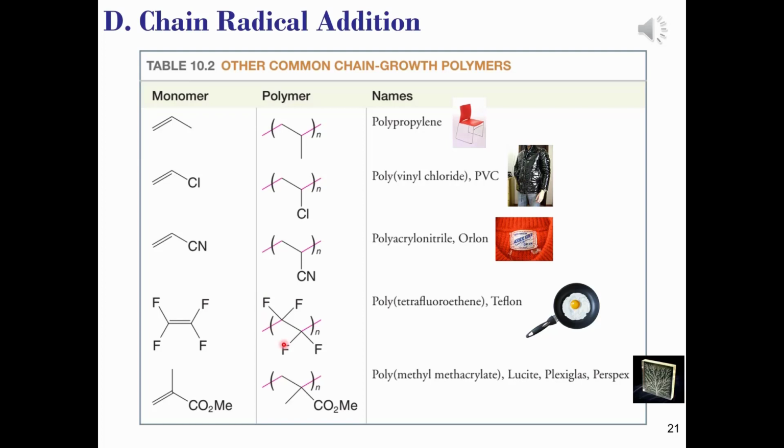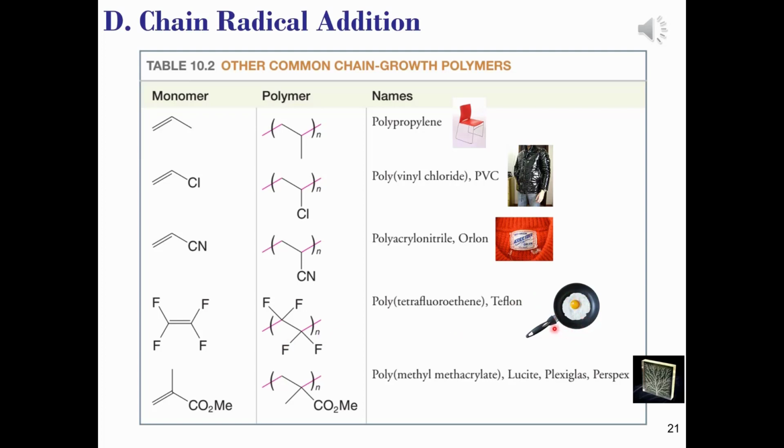In addition to that, because the PTFE contains these fluorocarbons, these have high dispersion forces due to the high electronegativity of fluorine, and so there's a very low friction coefficient for this solid. So in other words, it makes for a non-stick coating found in pans and other cookware.